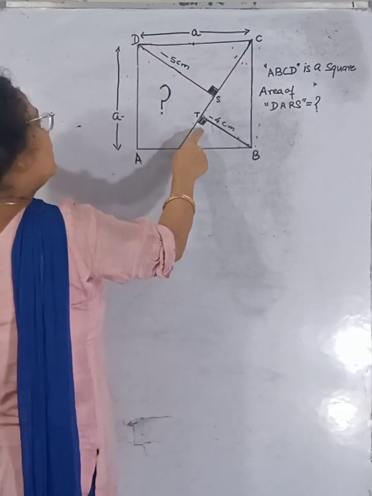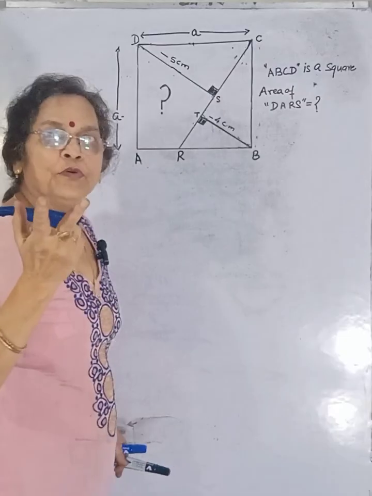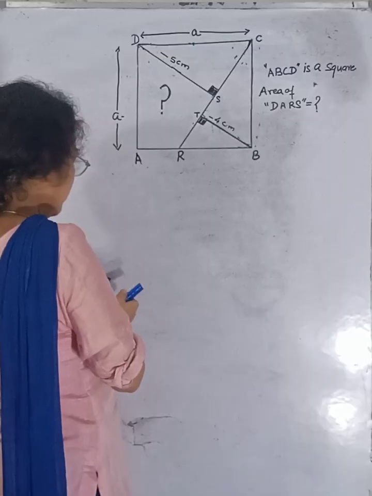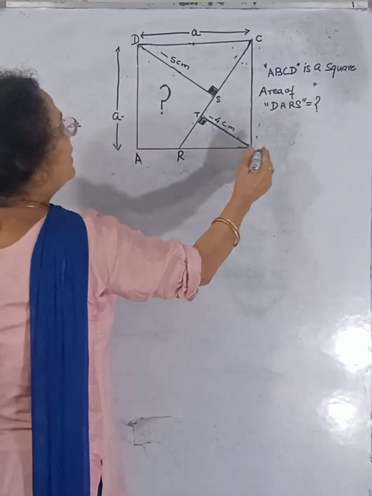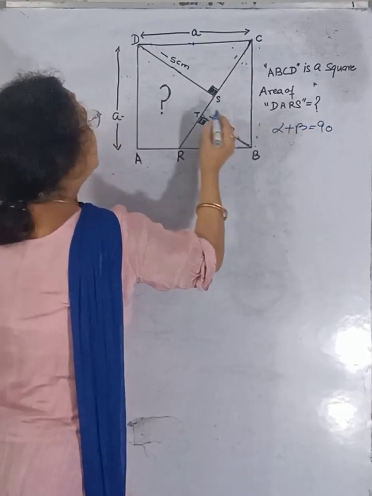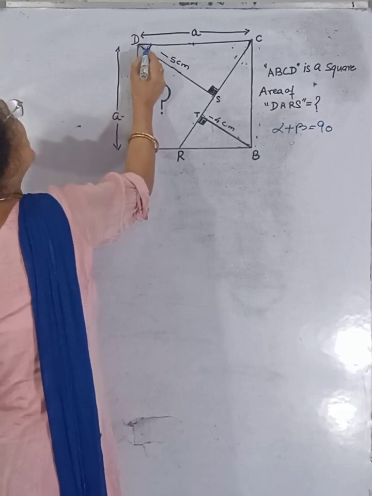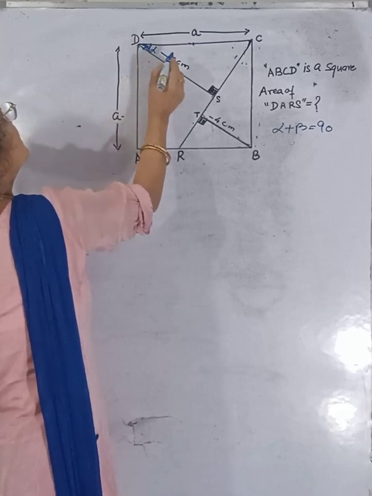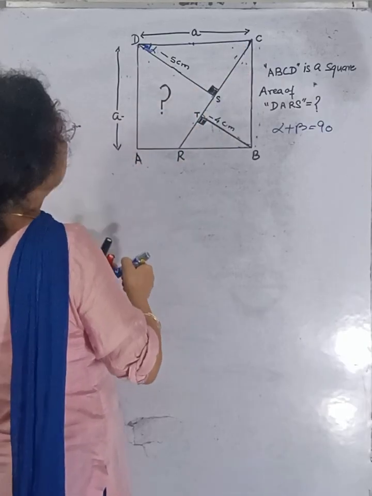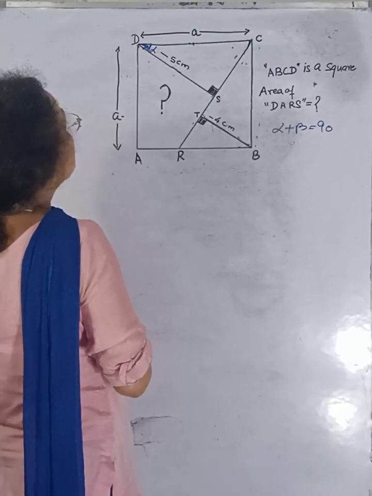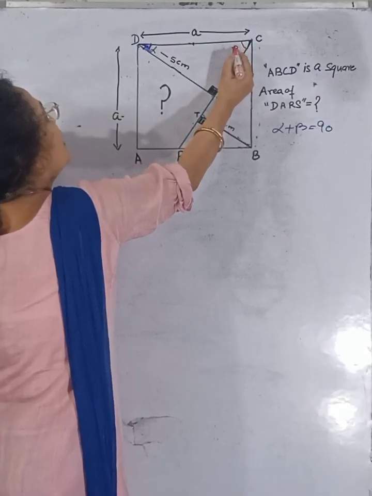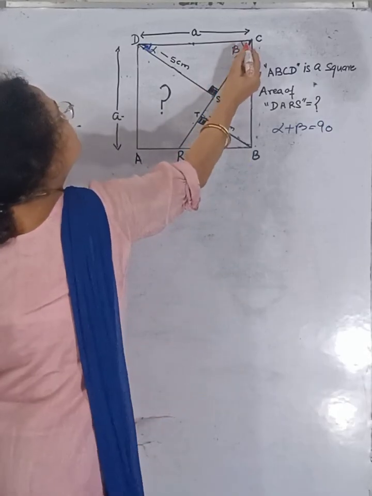So it will be 90, and this will also be 90. The remaining two angles, let us say alpha and beta, are complementary angles, so alpha plus beta is 90. If we consider this angle to be alpha, then this will be beta. Red one is beta and blue one is alpha.